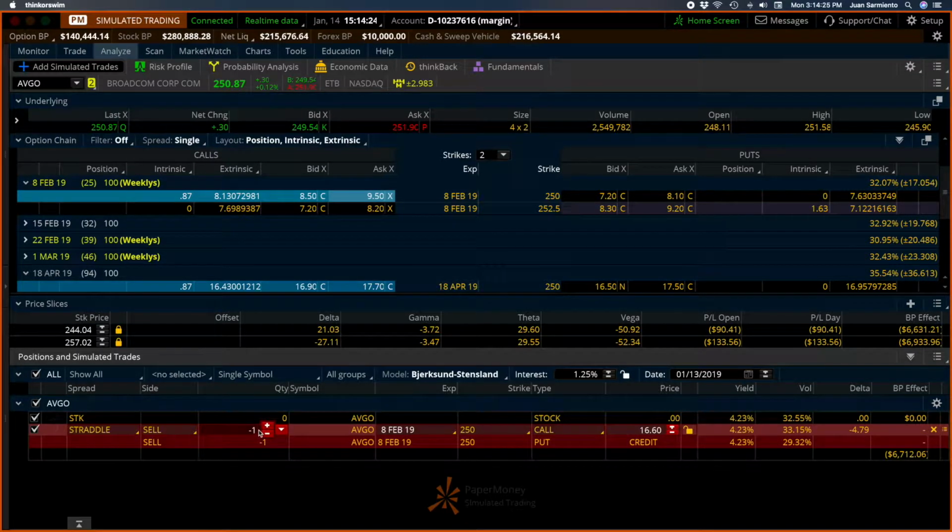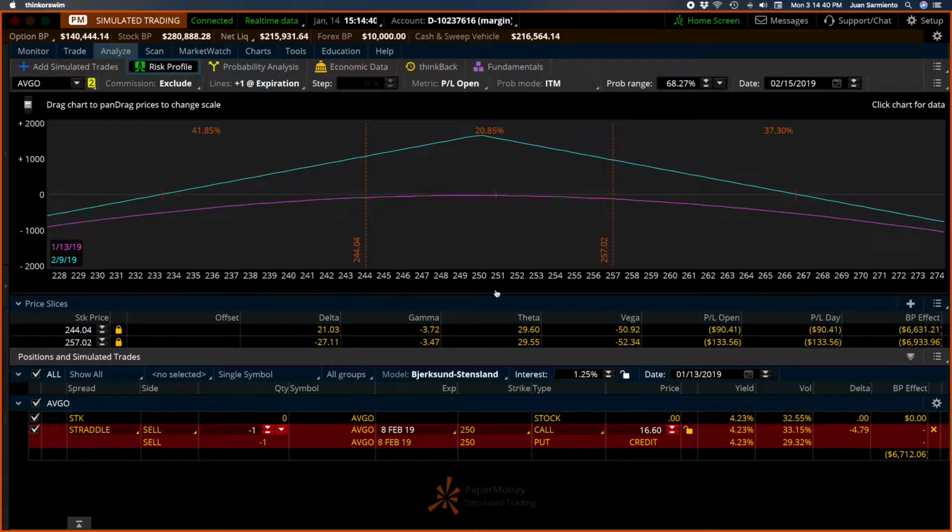The short straddle has one short call and one short put, and as you can see they both have the same strike price. That allows us to look at the risk profile of the straddle.